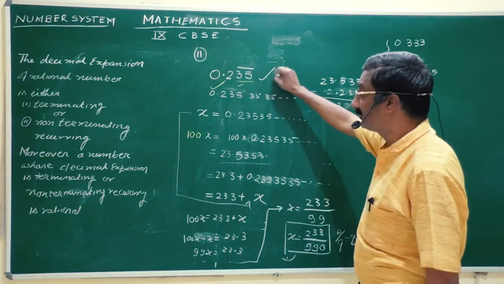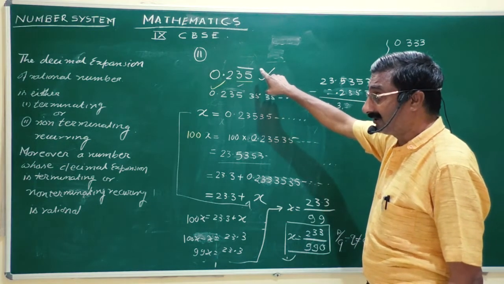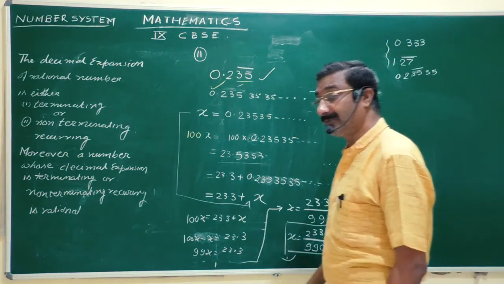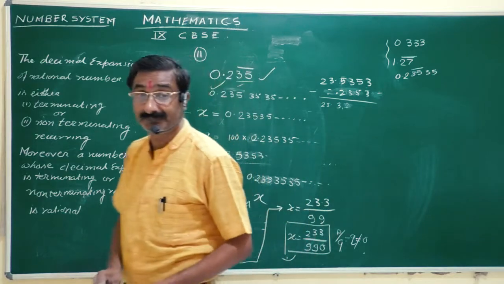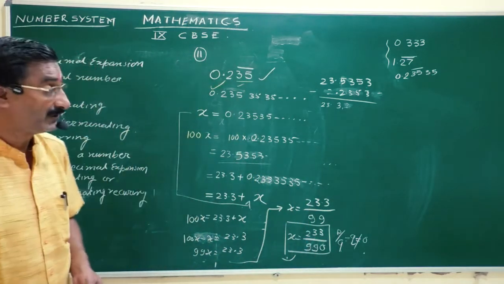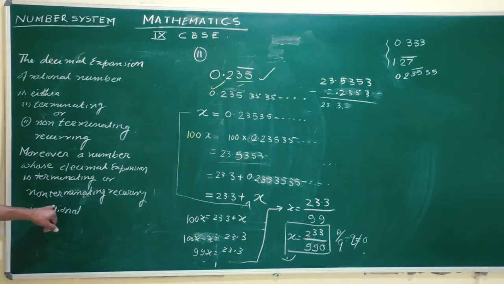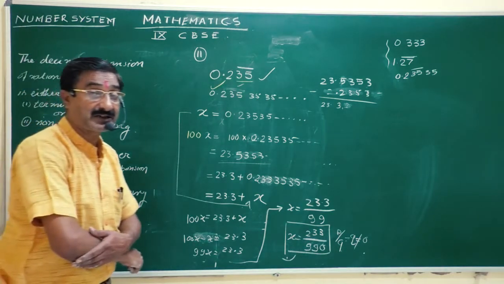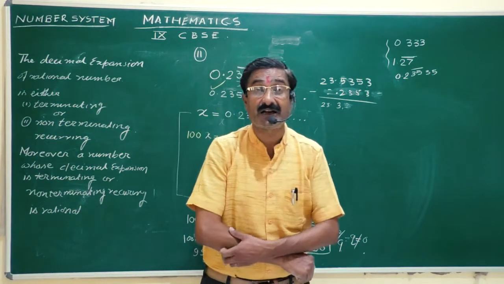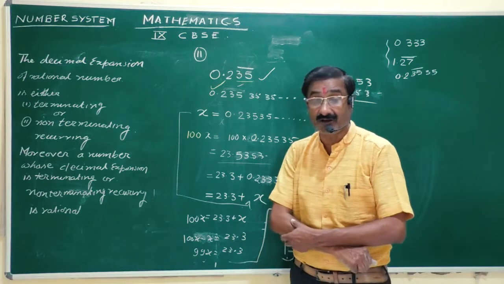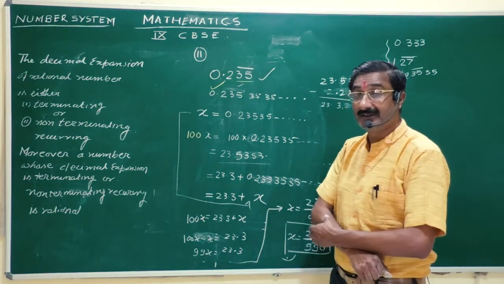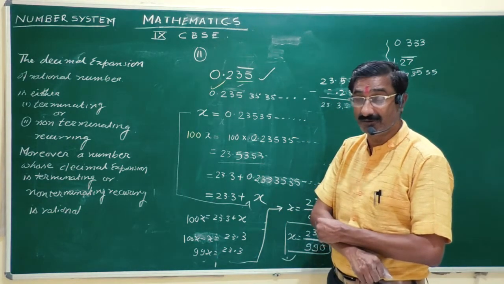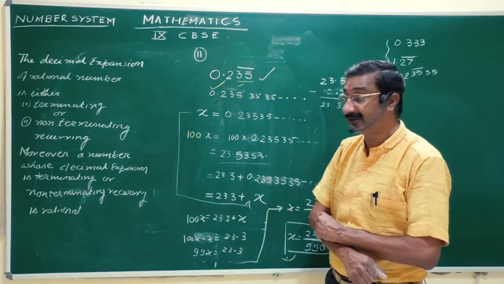But the numbers which are non-terminating and non-repetitive are irrational numbers. Means the remainder never becomes 0. It is non-repetitive in nature.